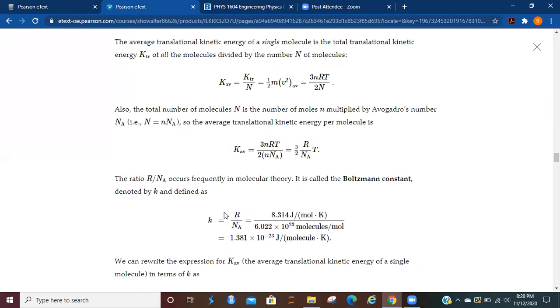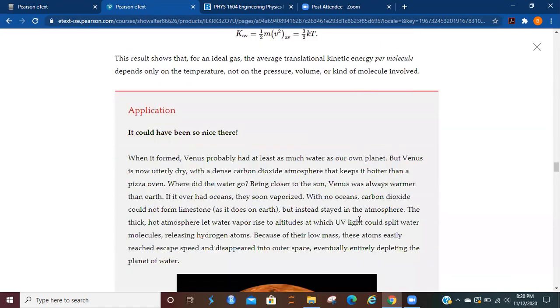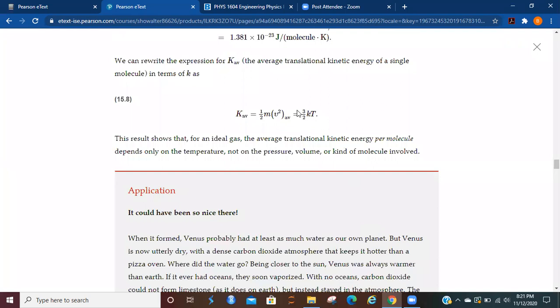Boltzmann's constant is defined as R divided by Avogadro's number. This is also a useful equation that you will need to remember. This is the average translational kinetic energy per molecule, which depends only on the temperature, not on any other state variable.